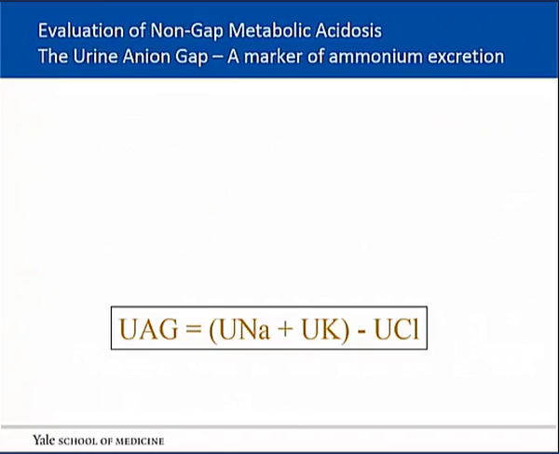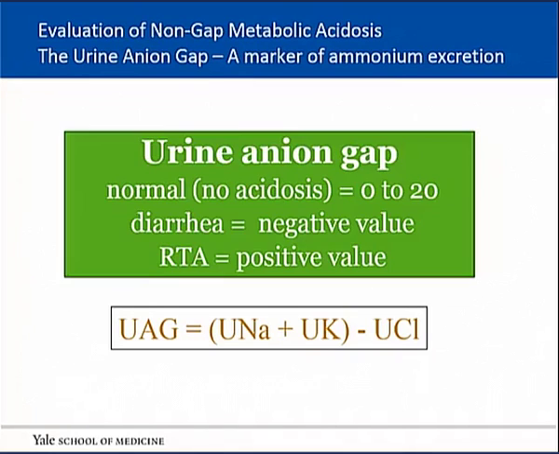And remember, you need to do that only on patients who have acidemia. You don't look at the urine anion gap without knowing what the pH is. But in someone who's acidemic, the urine anion gap, which is the difference between sodium plus potassium and chloride, should be, in most patients, 0 to 20.